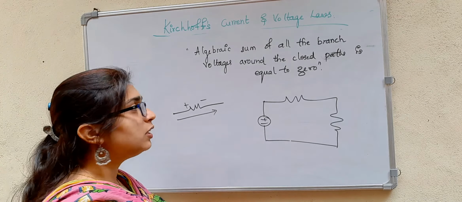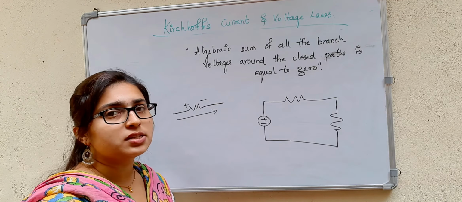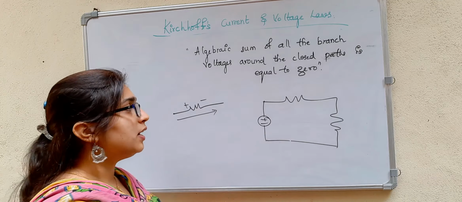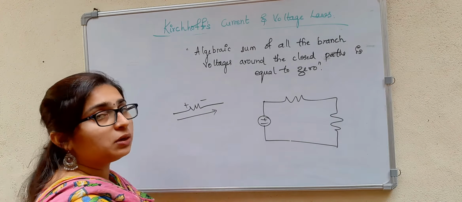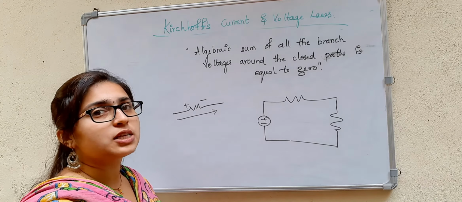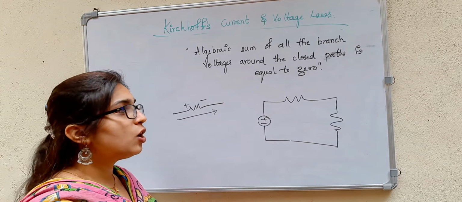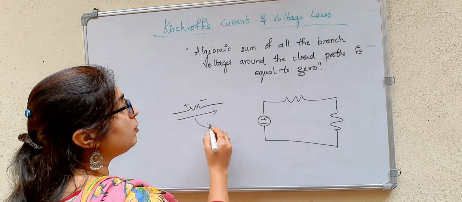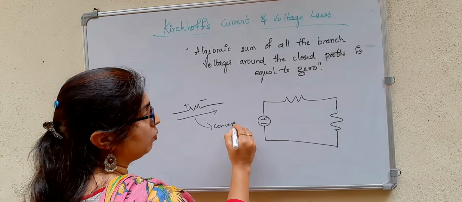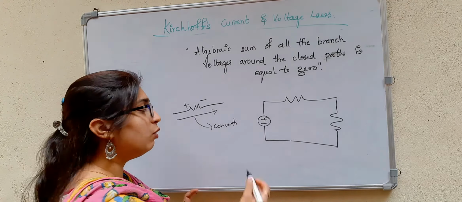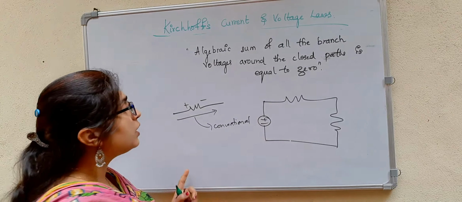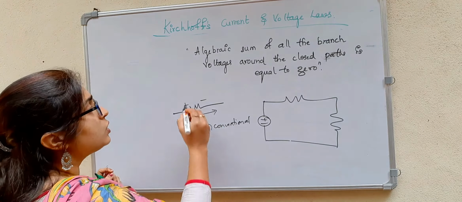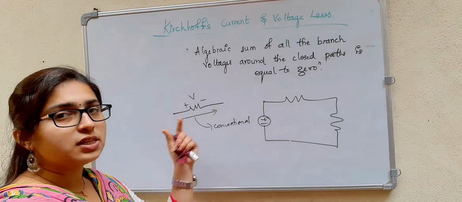Before the exploration of atomic structure, they considered that positive charges flow, which is why they considered this plus and minus. Later they got to know that it is electrons that flow, but we will follow the conventional current flow, not the electron current flow. So the current flows from higher potential to lower potential, and this will be your voltage drop across the resistor.